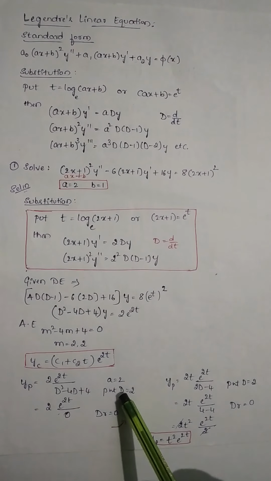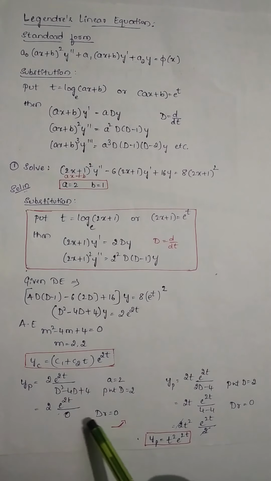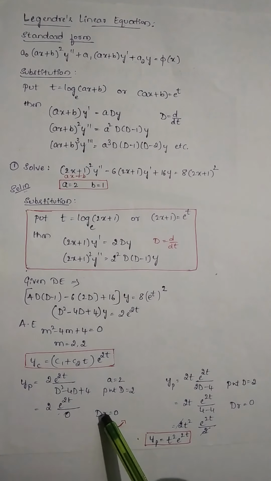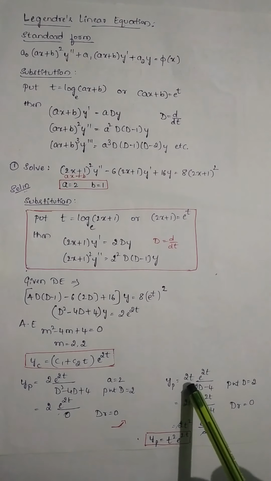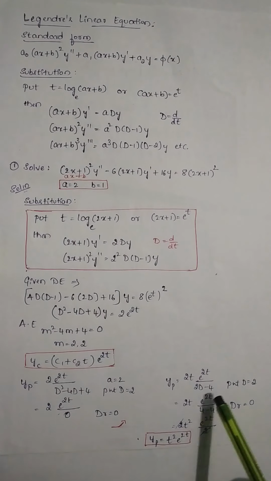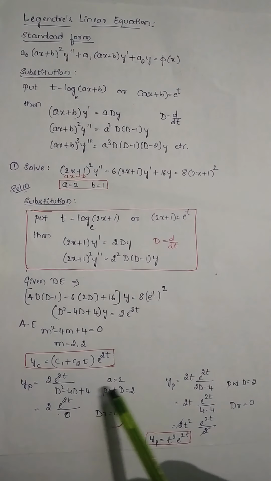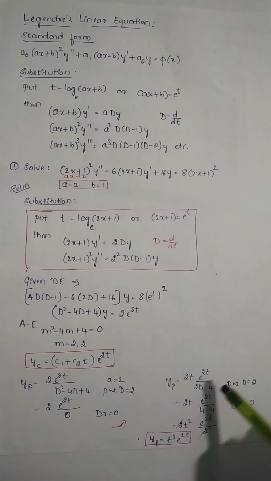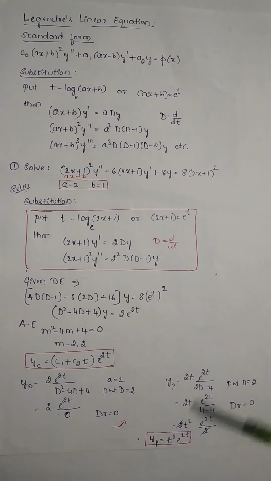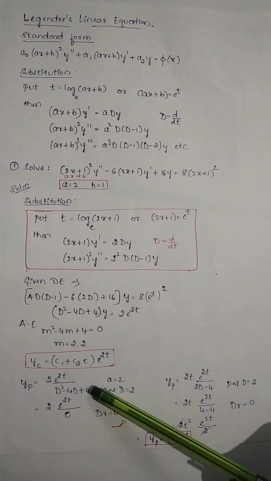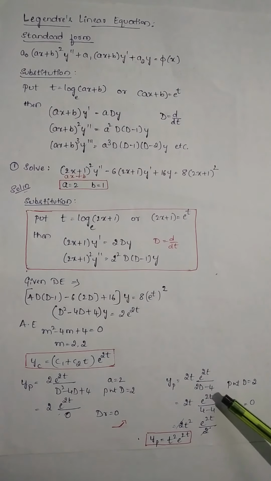In the denominator, when you put D = 2, you will get the denominator equal to 0. So when you get denominator equal to 0, you take t as a pre-multiplier and take the derivative of f(D) in the denominator. The derivative of D² − 4D + 4 is 2D − 4.